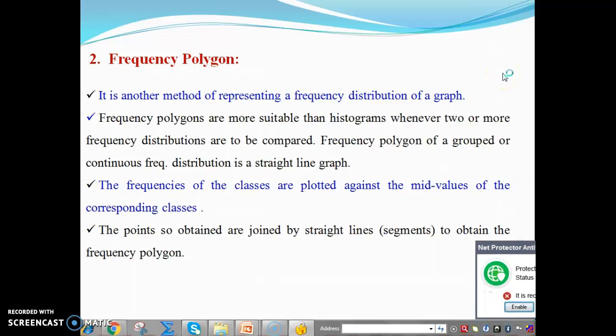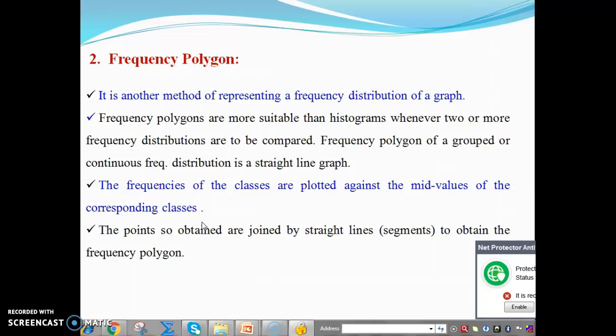Further, to complete the polygon, we obtain a closed figure by taking 2 or more classes preceding the first class and others succeeding the last class. The frequency of each of these classes is taken to be 0.